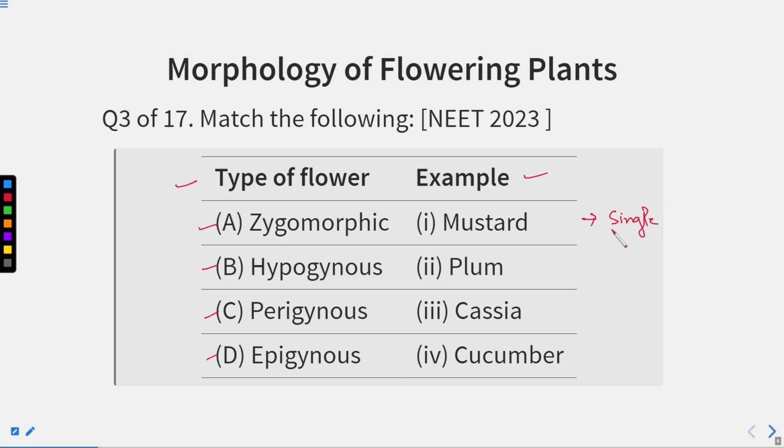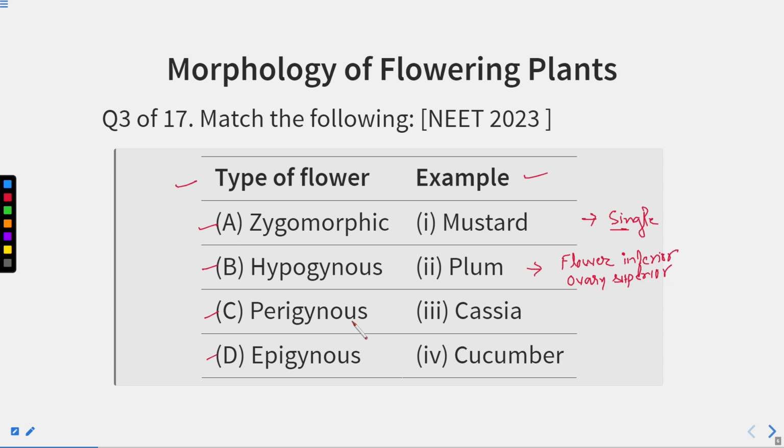Then we have hypogynous flower. In hypogynous, the flower is inferior, but the ovary is superior. Ovary is superior means all the floral parts such as sepals, petals, and stamens arise from below the ovary.